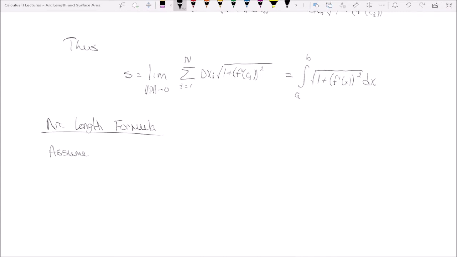Right, the assumption we made was that f prime exists and is continuous over the interval a to b.